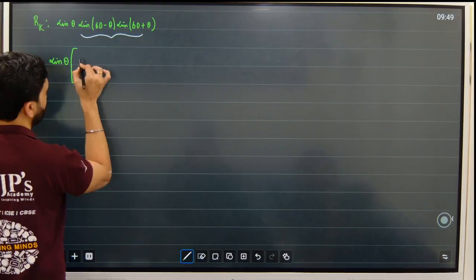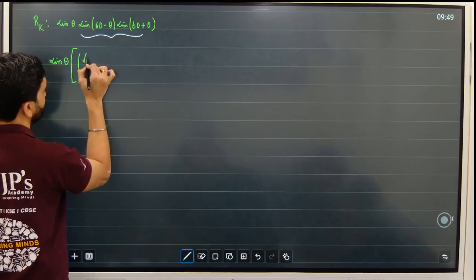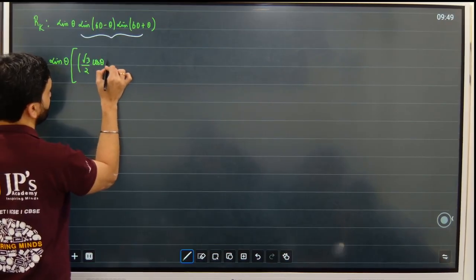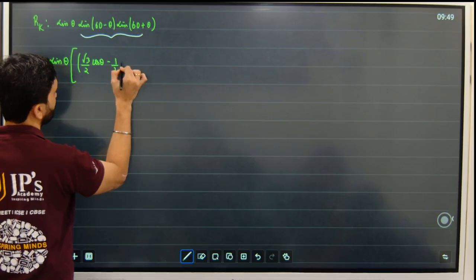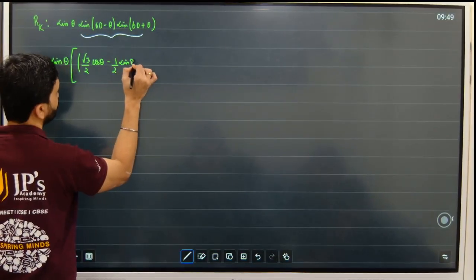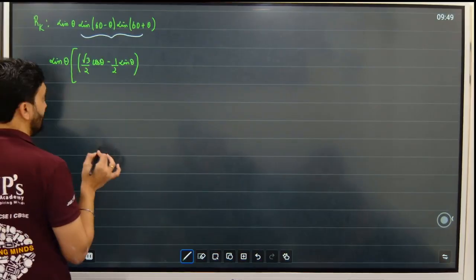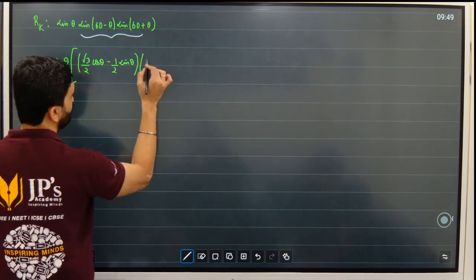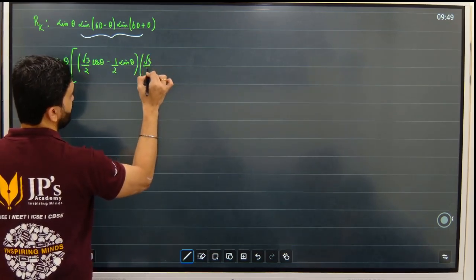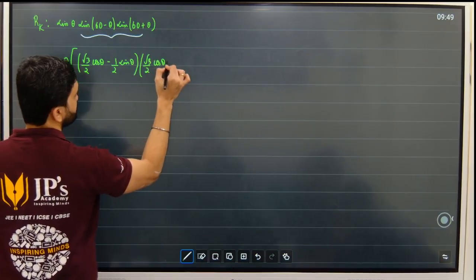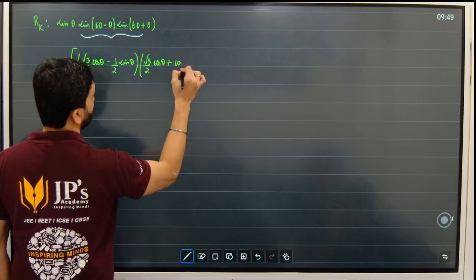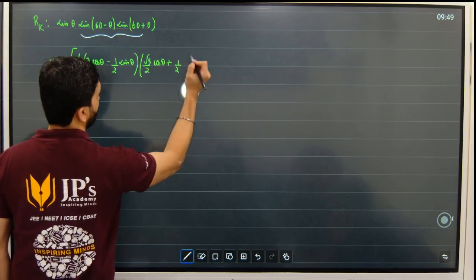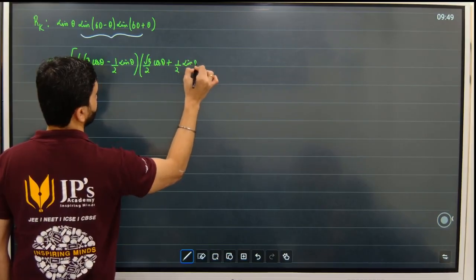Sin(a minus b) will become root 3 by 2 sin a cos b minus cos a sin b. Okay, (sin a cos b minus cos a sin b) into (sin a cos b plus cos a sin b).